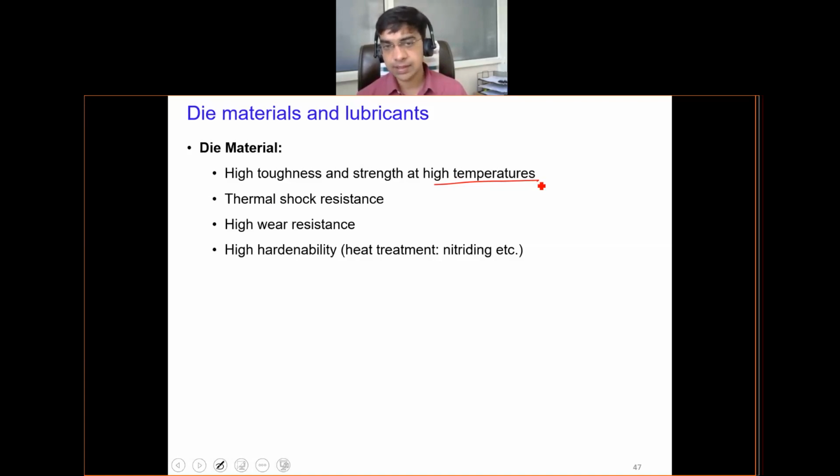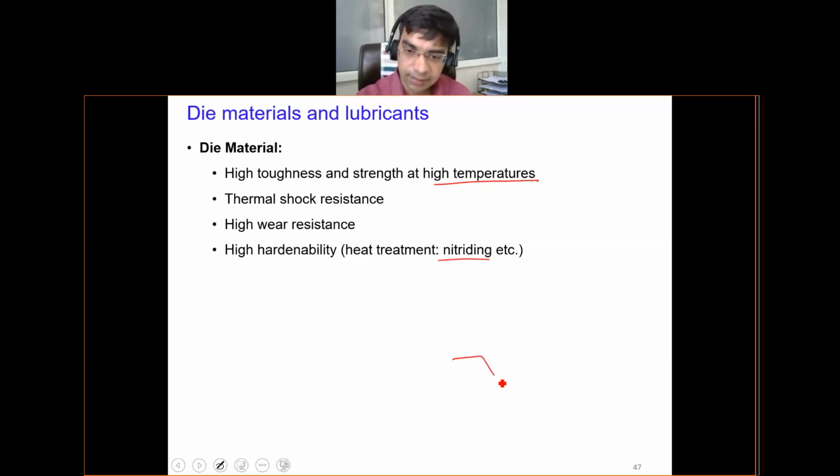High wear resistance is the ability to resist the gradual loss of material, because the dies are coming in contact and going away. There is a relative motion between these two dies, and under such scenarios material may be lost from the dies. Then high hardenability. Generally the surface of these dies is hardened by some heat treatment process.